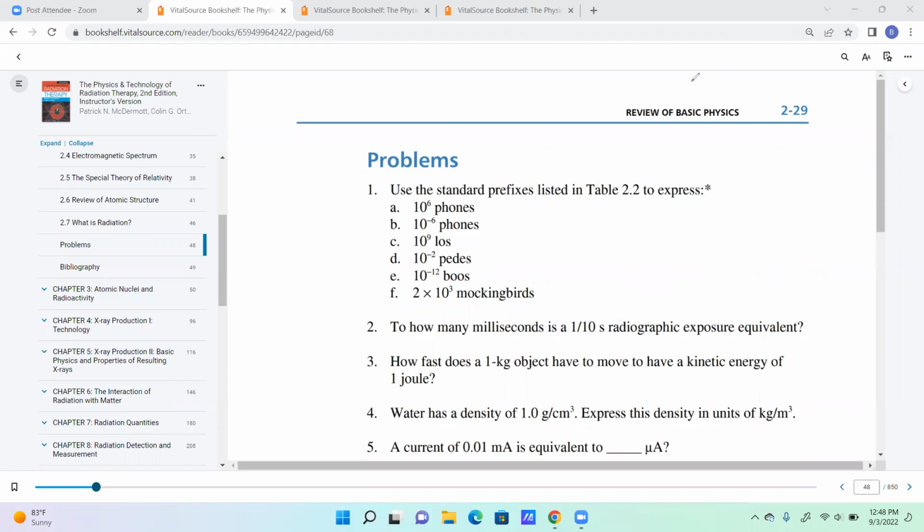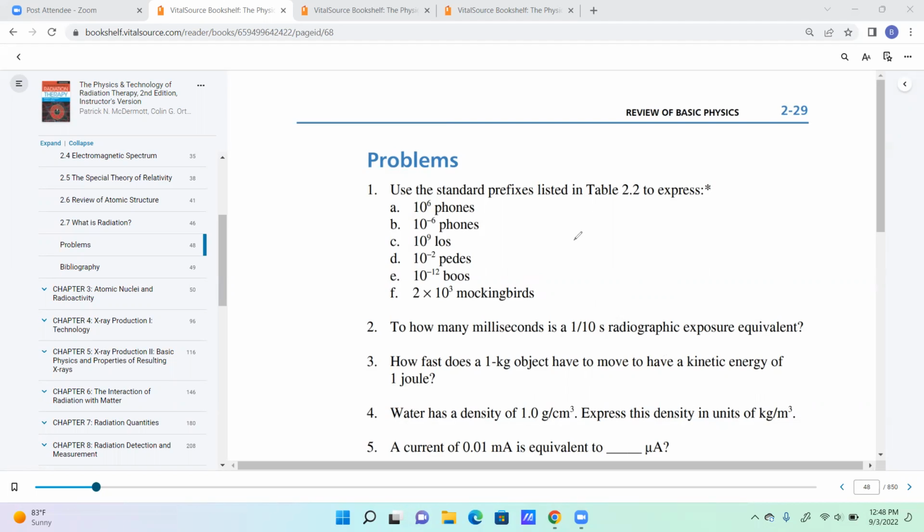All right, so now let's go to number 3. How fast does a 1 kilogram object have to move to have a kinetic energy of 1 joule? Well, this is something you can see from equating the amount of energy that an object has to the amount of energy it says it has.